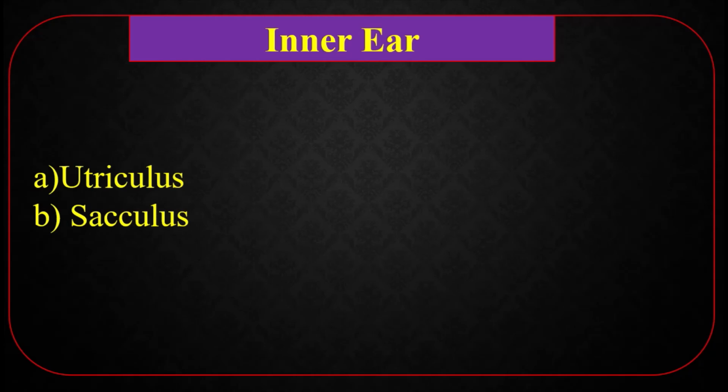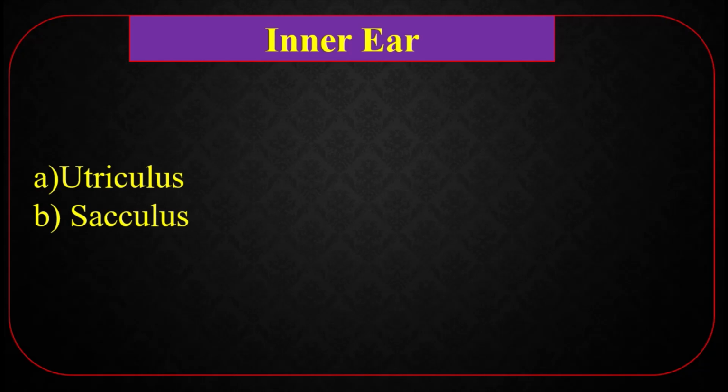The brain is connected with auditory nerves, and the brain sends messages to the rest of the body, thus maintaining a balance of our body. Sacculus. This chamber of the inner ear has a coiled shell-like structure. This is known as cochlea.